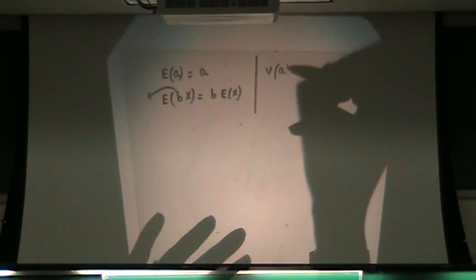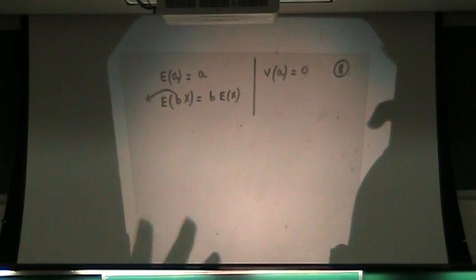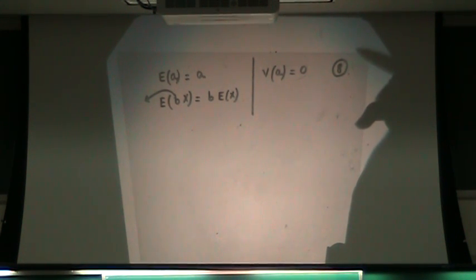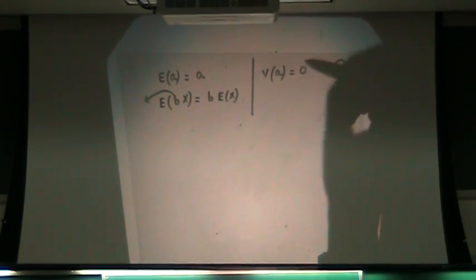Variance of a constant is 0. Why is the variance of a constant 0? Variance measures how much the values differ from the mean. If you have a constant function and the mean is that same constant, nothing is differing from the mean, so the variance is 0.